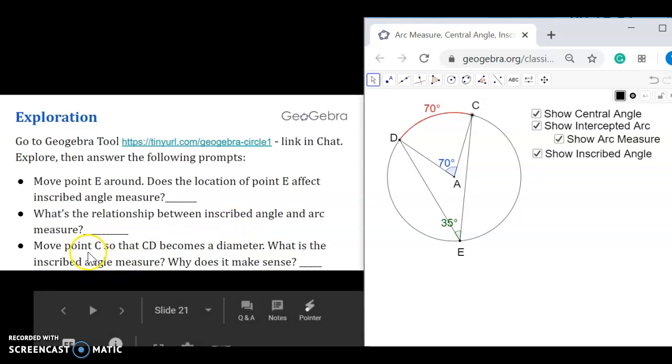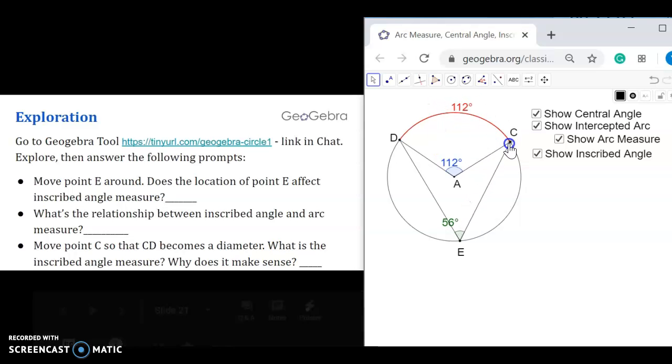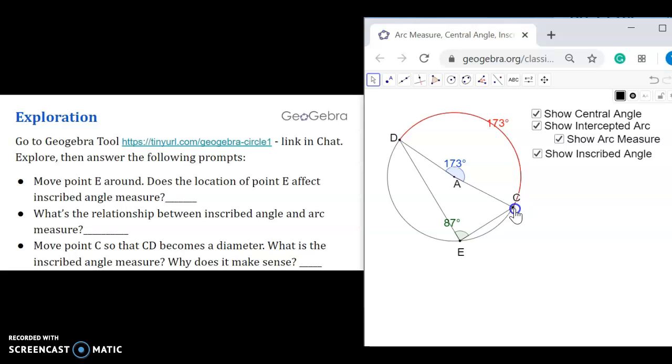Now the third thing we are asked to do is move point C so that CD becomes a diameter. So now it becomes a diameter. That means I need to make it all the way. And how do I know it is a diameter? Because this angle is 180 degrees and it's going through the center.